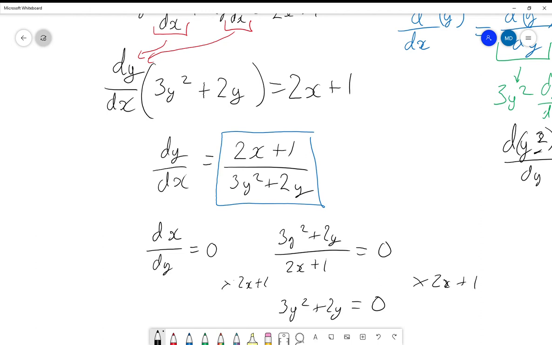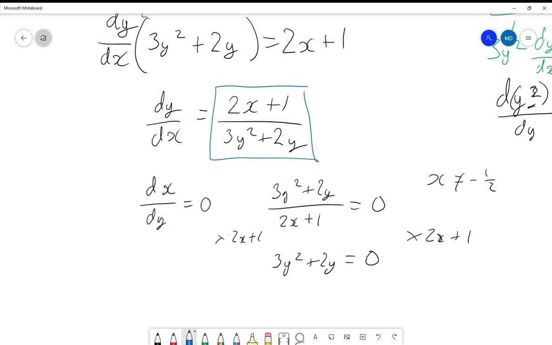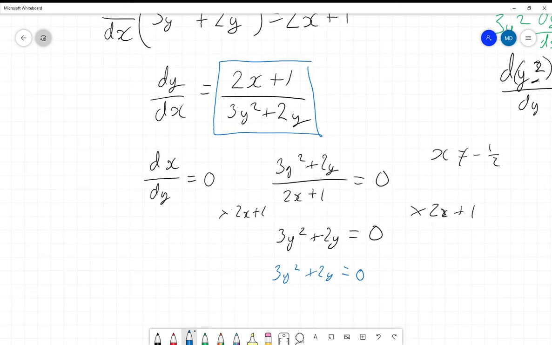And remembering, of course, that this only makes sense if x does not equal -1/2. And now we just need to solve this. It's going to work at the points when 3y squared plus 2y equals 0.